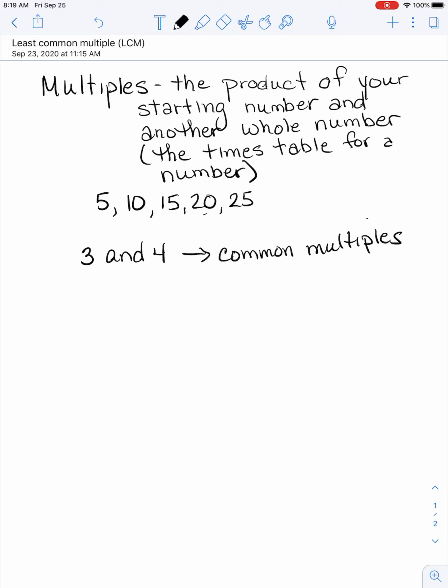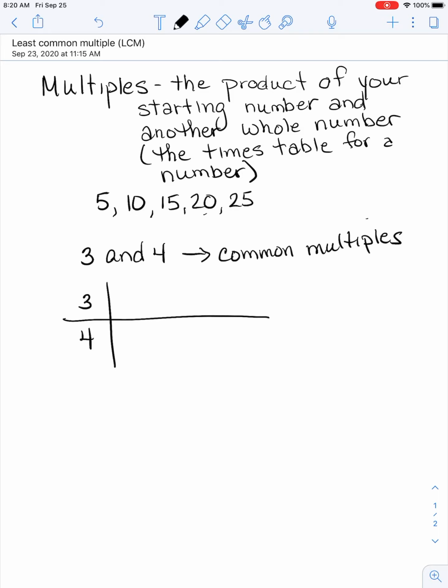The best way to do it, I think, is to make a little chart like this. It's kind of like a horizontal T-chart. So here we're going to put 3, and here we're going to put 4.